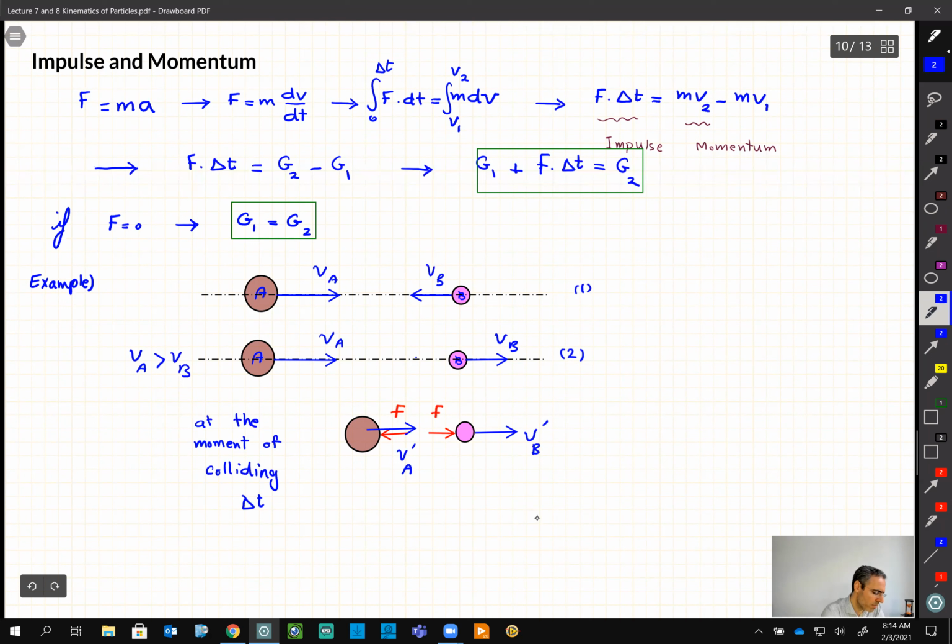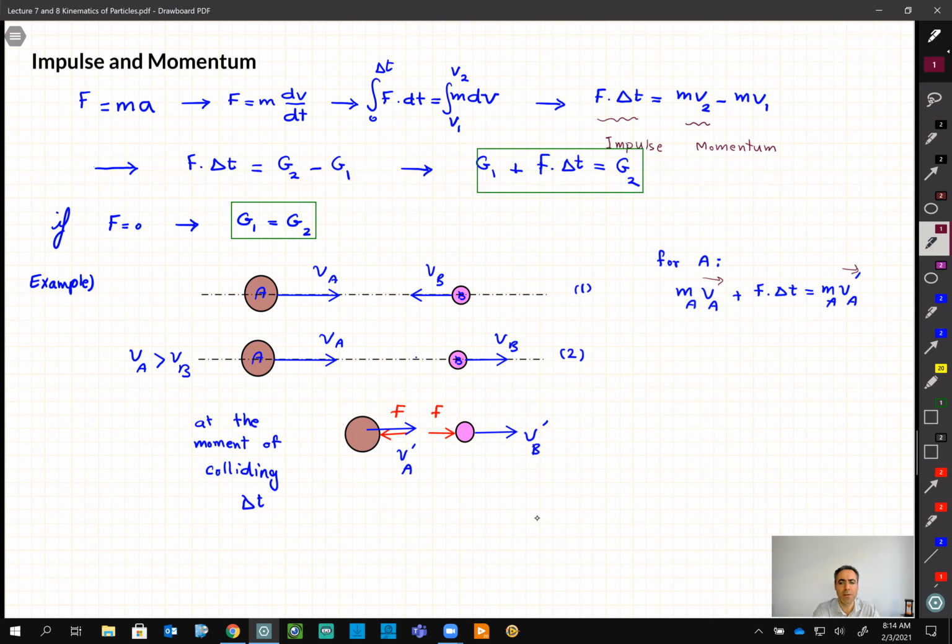So I'm going to write down the formula here. Let's start writing everything for particle A. For particle A, can I write MA VA plus F delta T equal to MA V prime A? I guess everybody agrees that we can write this, right? For now, assume that these are all vectors, so we just don't write their direction. Later, when we want to put in the numbers, we put in positive and negative.